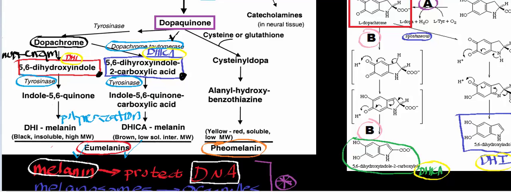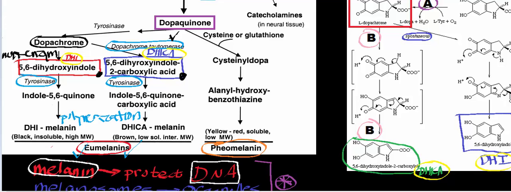So basically, the ratio of DHI and DHICA inside your melanin, in large part, dictates the tint of how black or brown your skin is. The more DHI there is, the blacker it is. The more DHICA there is, the browner it is. Hopefully that makes a little bit of sense.